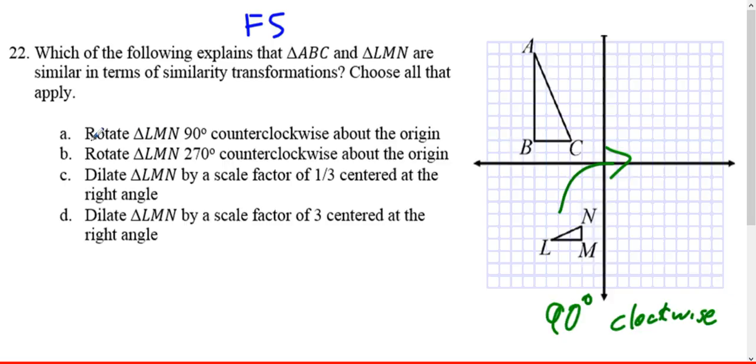Which is not what option A is saying. A says counterclockwise. But a 90-degree clockwise rotation is the same as a 270-degree counterclockwise rotation. So that will be part of it.